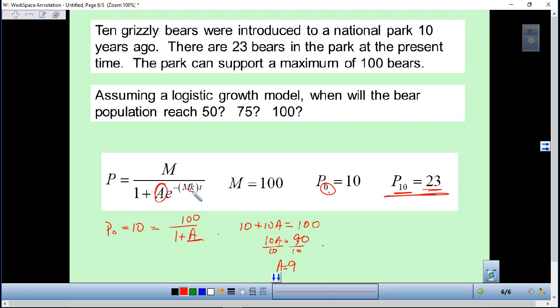Once you find what k is and what a is, all you can do is change what t is, and you can find out what those are. Well, actually, no, sorry. You'll actually work backwards to find what those are because you're finding what time that those occur. But you've got to find the a and the k before you can do that.